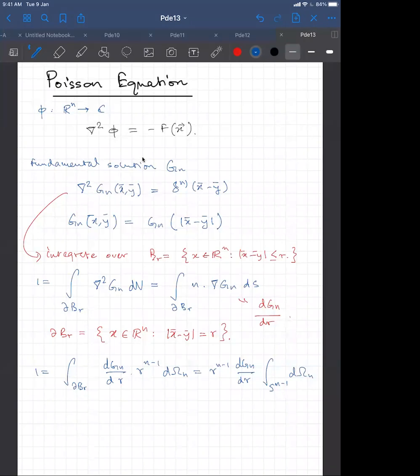So over here, we have this integral over the sphere, and d omega is simple. For example, if you are looking at n equal to 3, then d omega is sine theta d theta d phi. And if you're looking at n equal to 2, that's just d theta, and so on and so forth. So you can do this integral.